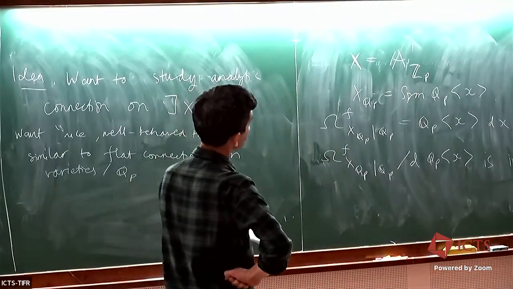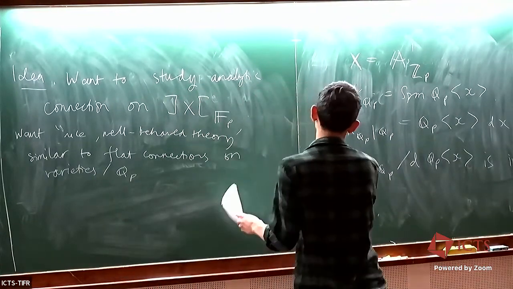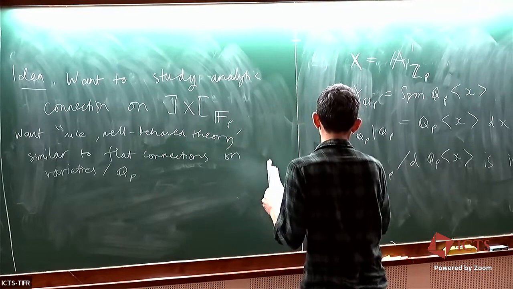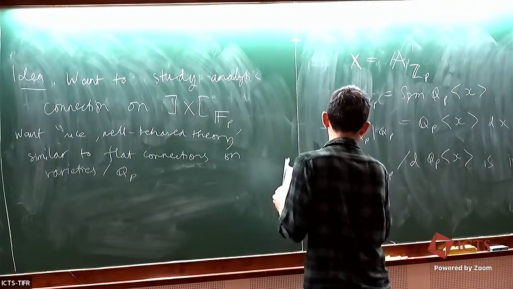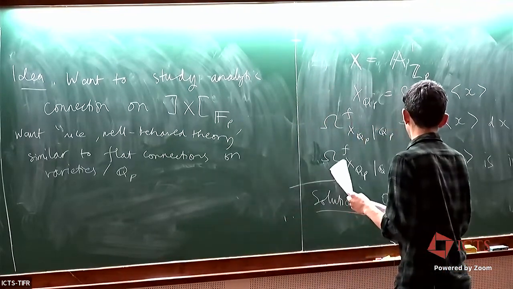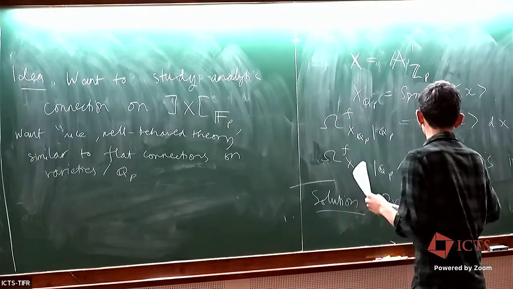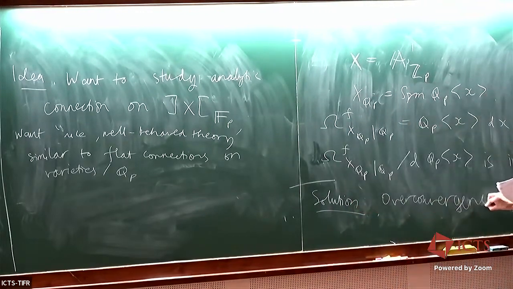So this definition is wrong. And the solution, as came up in Jennifer's lecture yesterday, is this notion of overconvergence. Maybe I'll talk about that tomorrow.